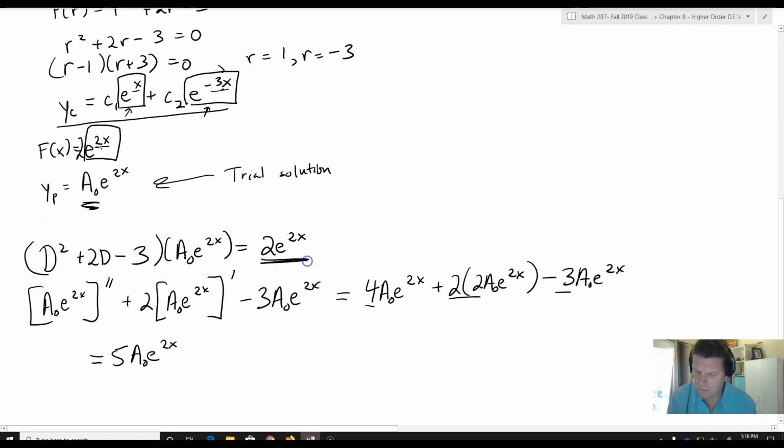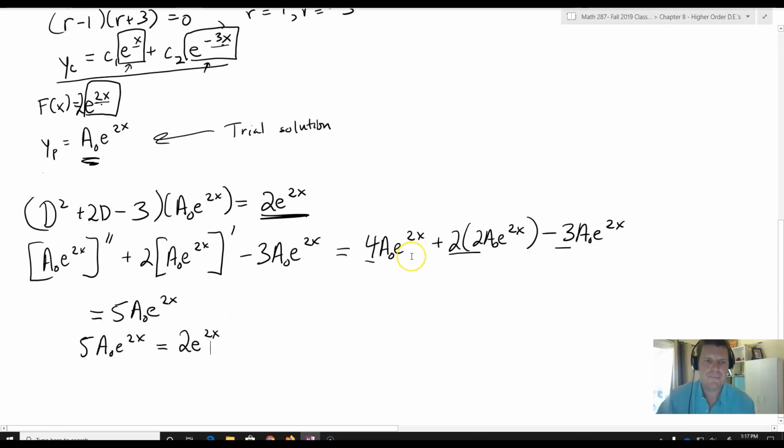And that is equal to 2e to the 2x. So 5 a naught e to the 2x equals 2e to the 2x. Consequently, we get 5 a naught equals 2, and that gives me a naught equals 2 over 5.